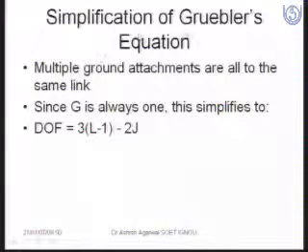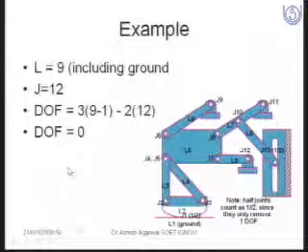Now how will we simplify this Grubler equation? Since G is always 1, this simplifies the equation as degree of freedom equals 3(L minus 1) minus 2J. So we will calculate the degree of freedom on the basis of this equation only.